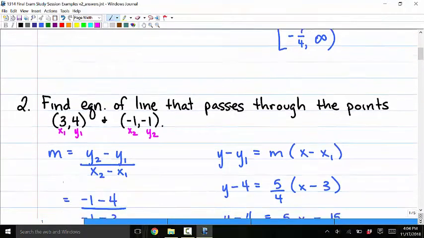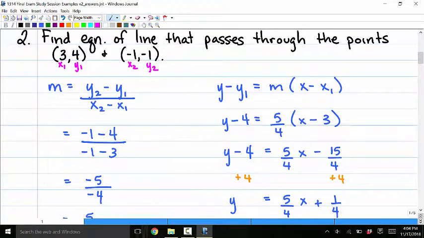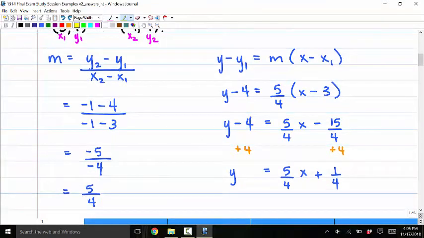So for my slope, I'm going to have y2, which is negative 1, minus y1, which is 4, over x2, which is negative 1, minus x1, which is 3. Negative 1 minus 4 is negative 5. Negative 1 minus 3 is negative 4. The slope is negative 5/4, or just 5/4.